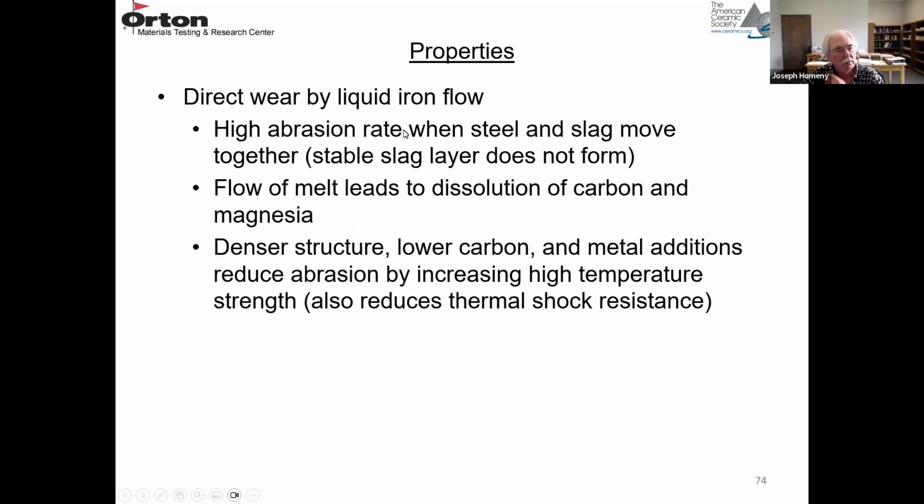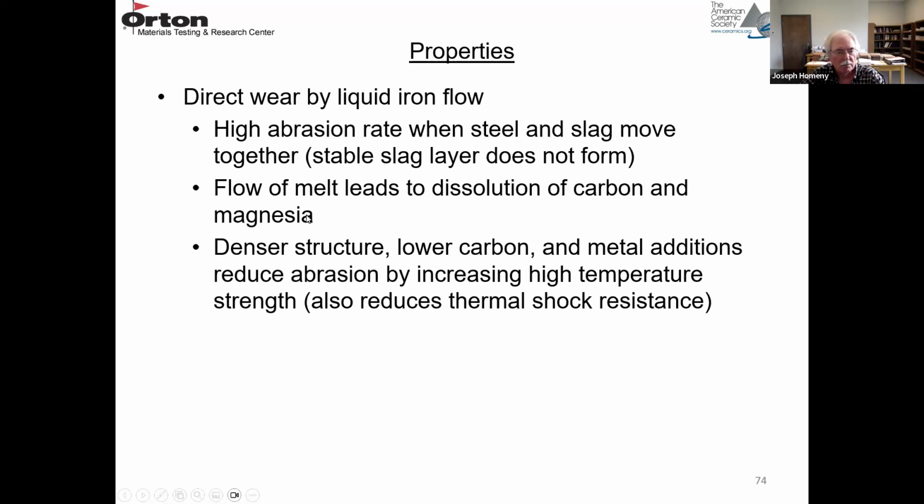And then there's also direct wear by liquid iron. So you have high abrasion when the iron or steel and the slag move together, and you don't have a stable slag layer at the hot face. And when you have this combination of metal and slag flowing, that removes the carbon and magnesia at a higher rate.